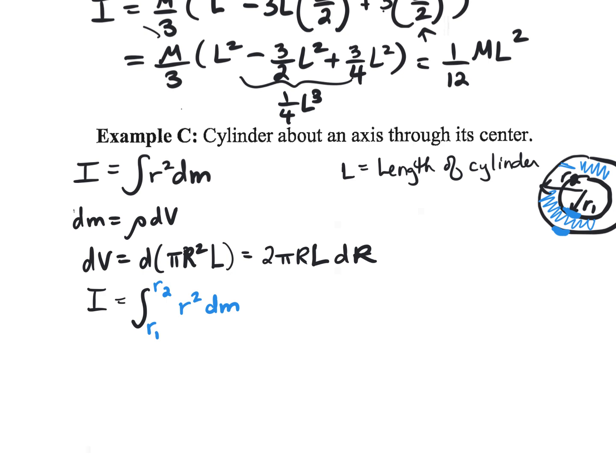Well, we know what dm is, don't we? dm we just found was rho dV, correct? And dV we found was this. So this is going to be what?